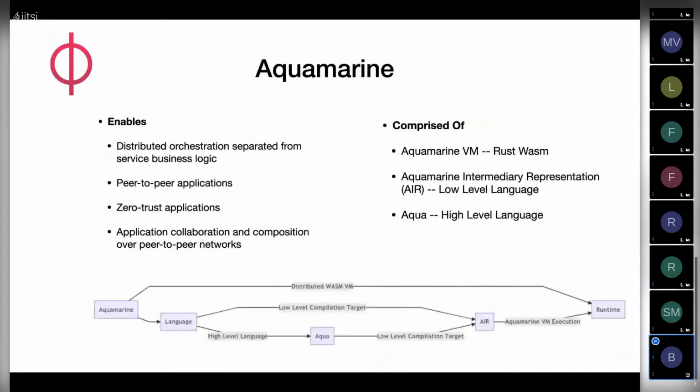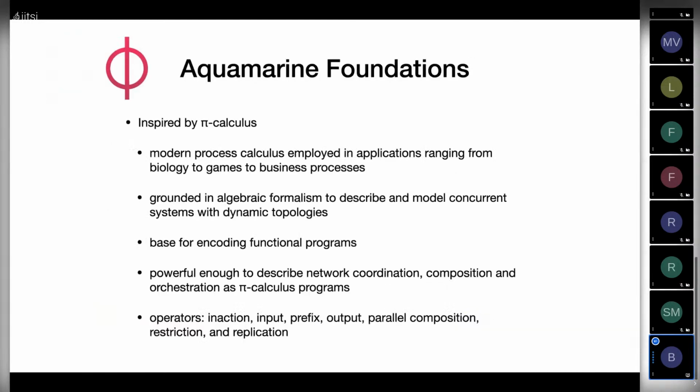This was the slide on Aquamarine, and at the bottom you see the diagram of how it all relates. This was the slide on PyCalculus, where at the bottom you see those inherent operators, and this was the slide on AIR. So let's go back to that one.